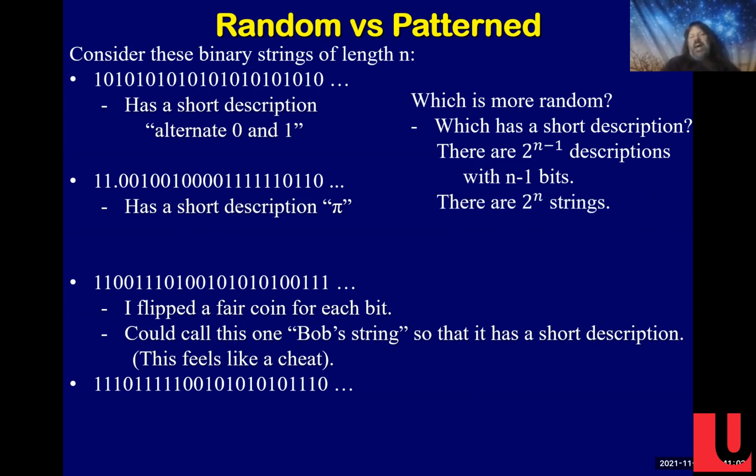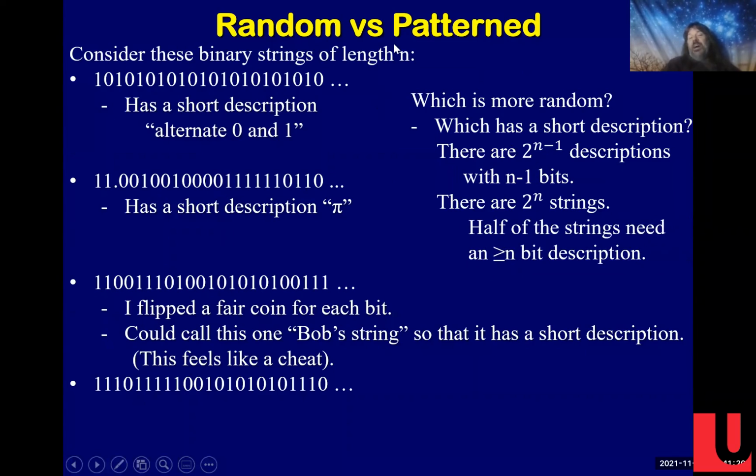So what can we say? How many binary strings of length n are there? There are 2 to the n of them. There are 2 to the n strings like this. So what can we conclude here? We conclude that half of these strings need at least n bits.